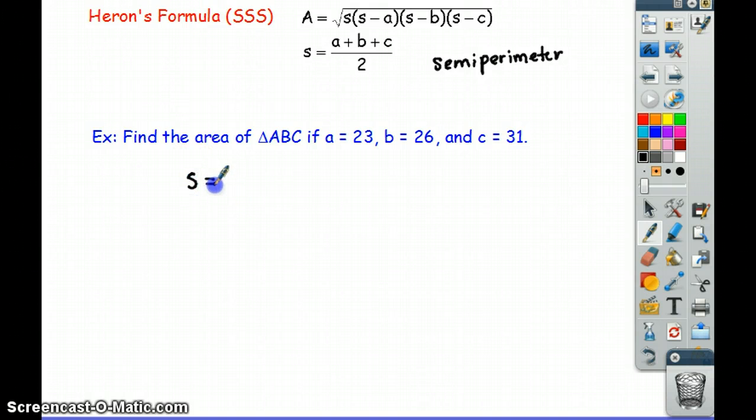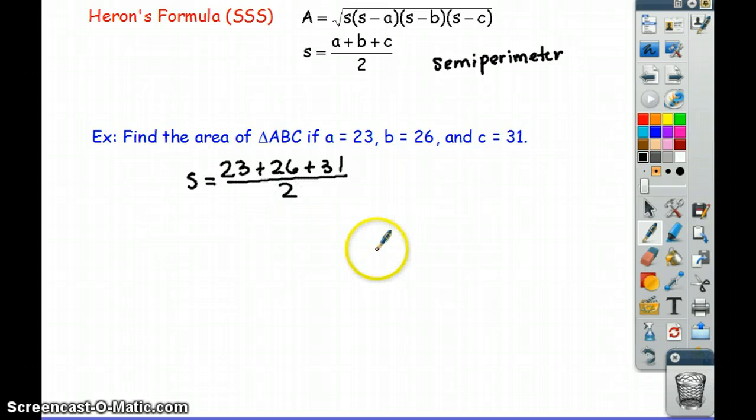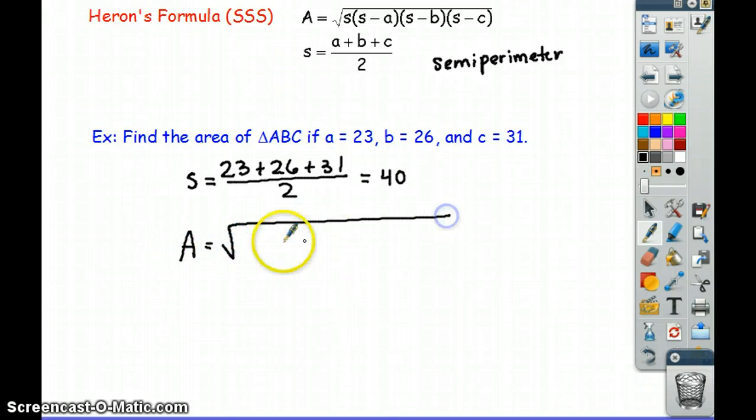So first I find the semi-perimeter. 23 plus 26 plus 31 divided by 2. That ends up giving me 40. My semi-perimeter is 40. So now I can calculate the area. It's this big square root.